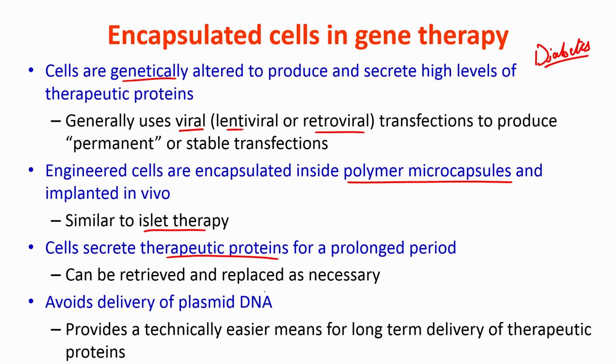If you want them to be retrievable, you can have them in some macro device which you can just take out. This way you avoid delivery of plasmid DNA, which we will cover in our next module. It is a much longer-term solution rather than delivering plasmid DNA, and we will come back to plasmid DNA in 1 or 2 classes.